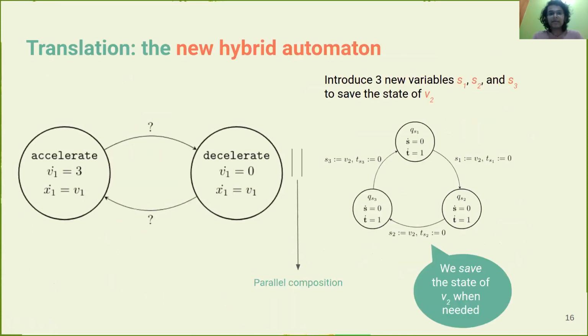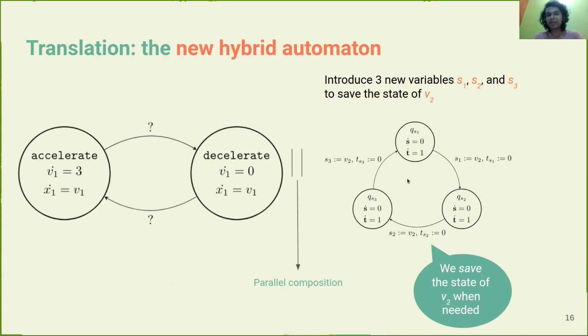Now, when we translate it, here I have shown the translation, and here we have the parallel composition of 2 regular hybrid automaton. Now these are not lazy hybrid automaton.